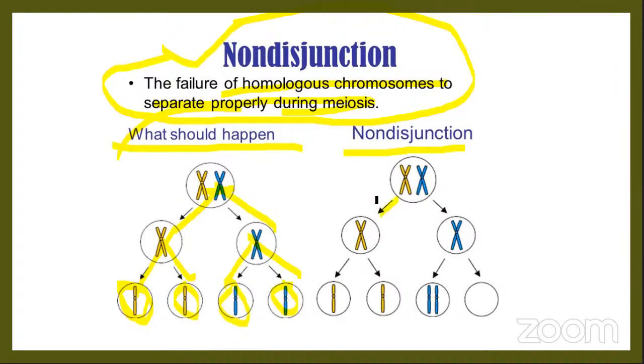Under the non-disjunction condition, let's see what is happening. One chromosome in meiosis 1 is separated properly. In meiosis 2, you can see the 2 chromatids came into one gamete. This is the basic problem occurring: the 2 chromatids are not separated properly.